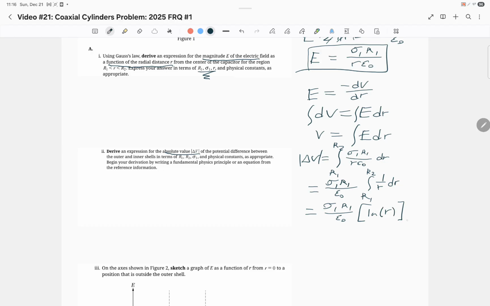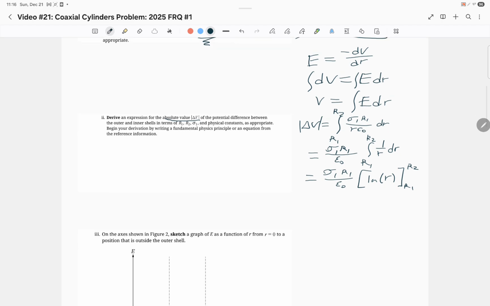So from R1 to R2, we'll have ln R2 minus ln R1. By the property of logs, this condenses down to ln of R2 over R1. And this is going to be your answer for that question.